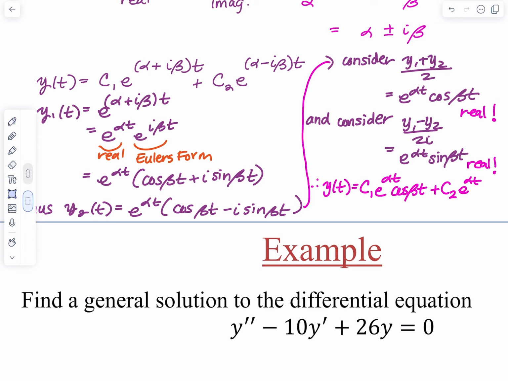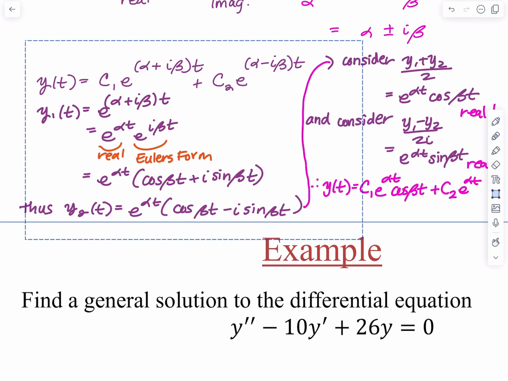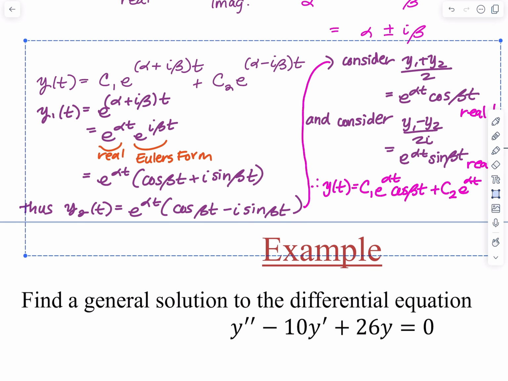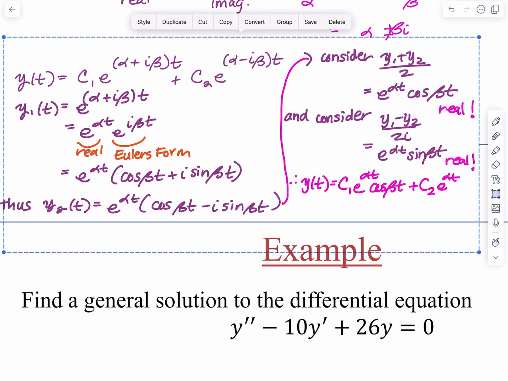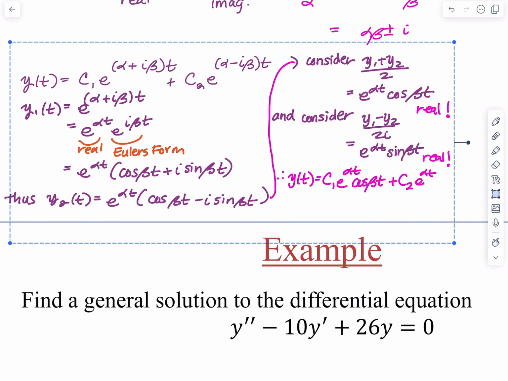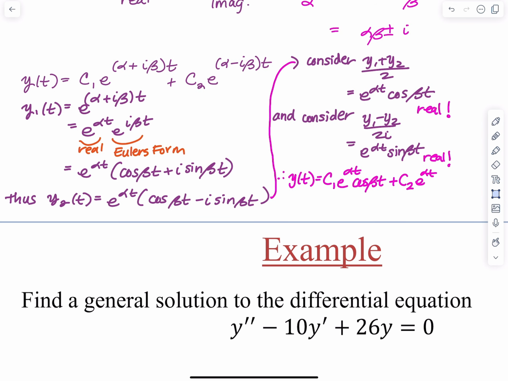Ran out of room just a little bit. Let's see if I can bring this down over here and move some of this over just a little bit. Okay, and cosine, c2 e to the alpha t sine of beta t.